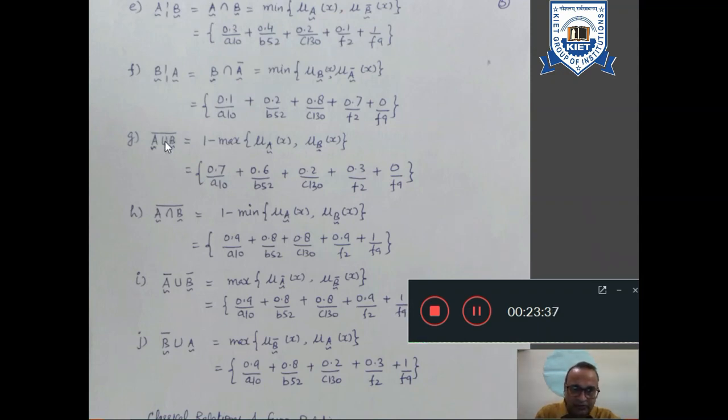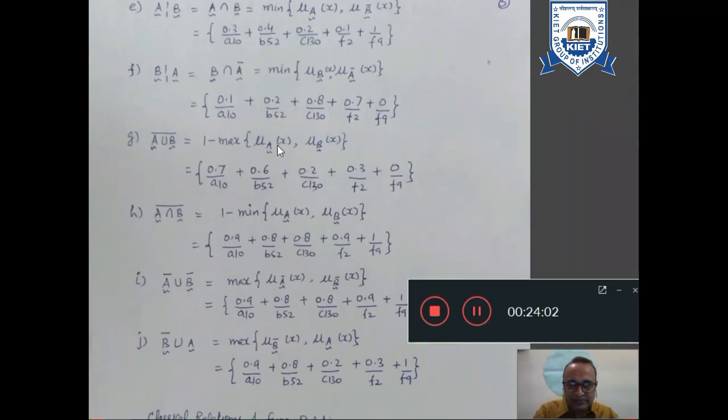So how can we perform the union operation? For union, we take the membership value by applying the maximum function, right? And when we want to make the complement of a fuzzy set, that can be done with the help of 1 minus the membership value. So for union, we find the value with the help of the max of mu A(x) or mu B(x).